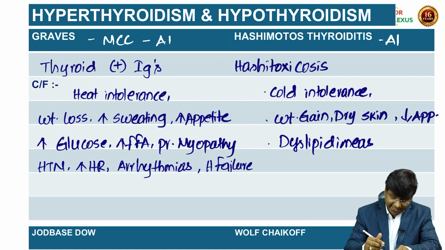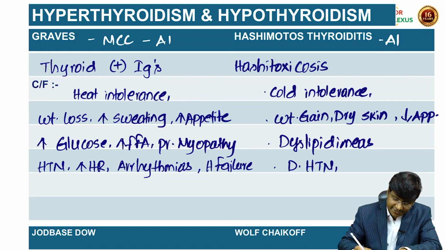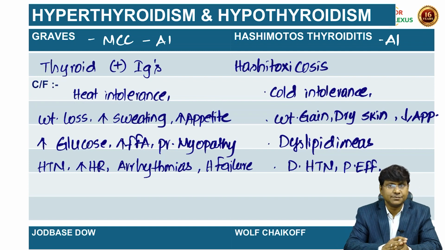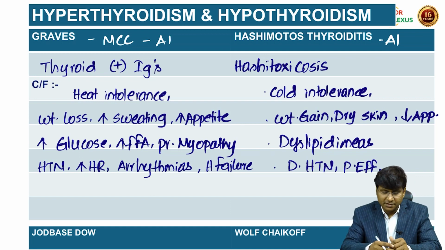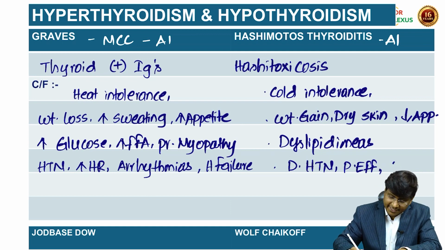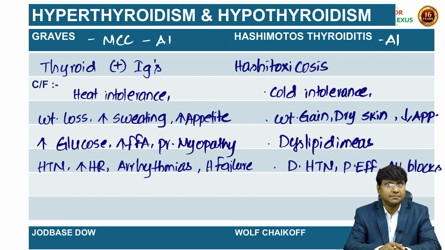Whereas in Hashimoto's, they will have hypertension, but that will be diastolic hypertension, and there will also be development of pericardial effusion. And the next important thing in Hashimoto's is there will be bradyarrhythmias, that is, AV blocks are very common.